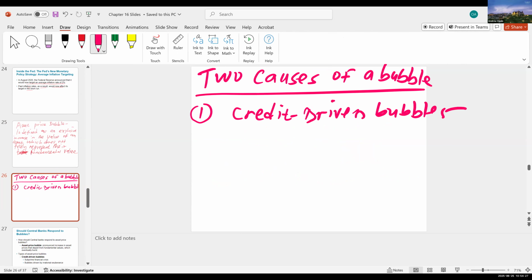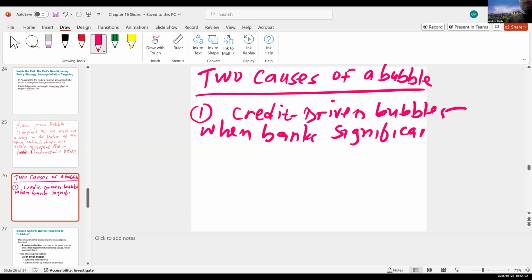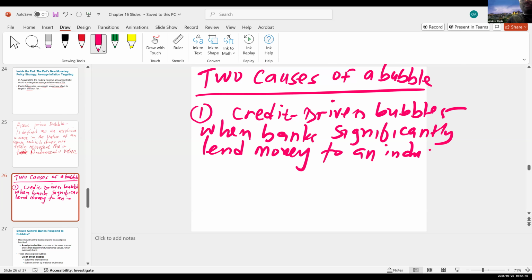This is when banks significantly lend money to an industry, perhaps with laxity in credit requirements.